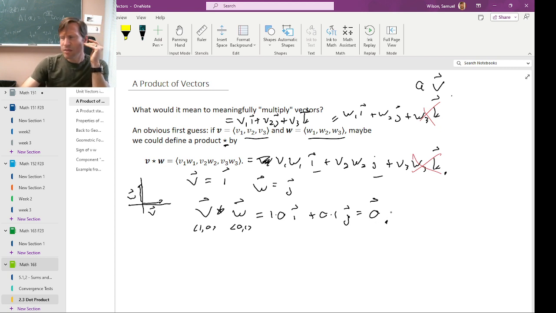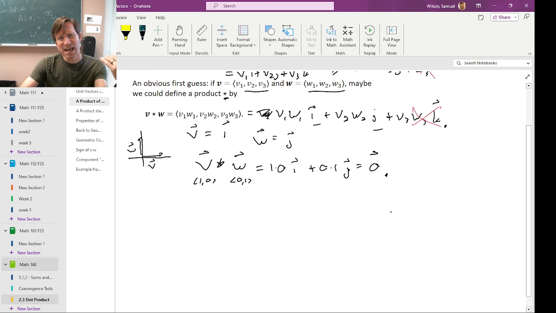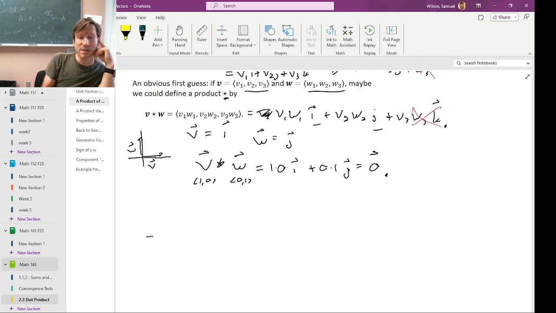But the whole point of vector operations is that they should have independent geometric meaning even if you change the coordinate system. So let's keep these same 2 vectors, v and w, and remember they're unit length. I'm not writing that down, but remember that they're unit length.